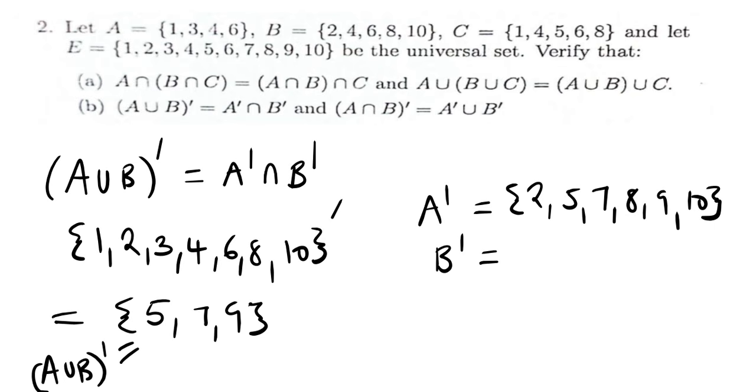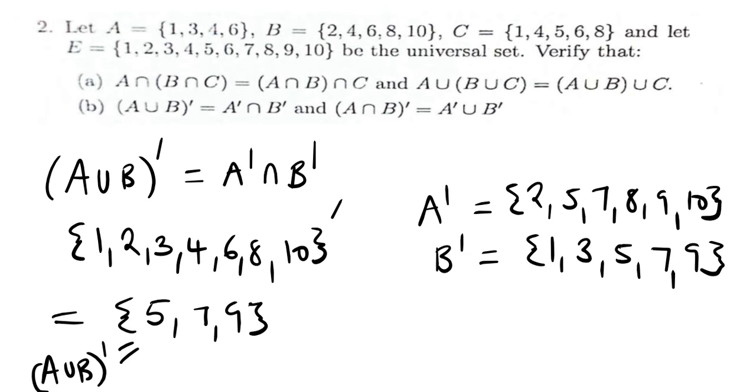When I come to B complement, those that are not found in B, so our B is 2, 4, 6, 8, and 10. Which elements are not going to be found in B? We've got 1, 3, 5, 7, and 9. Then we're supposed to find the intersection between the two.